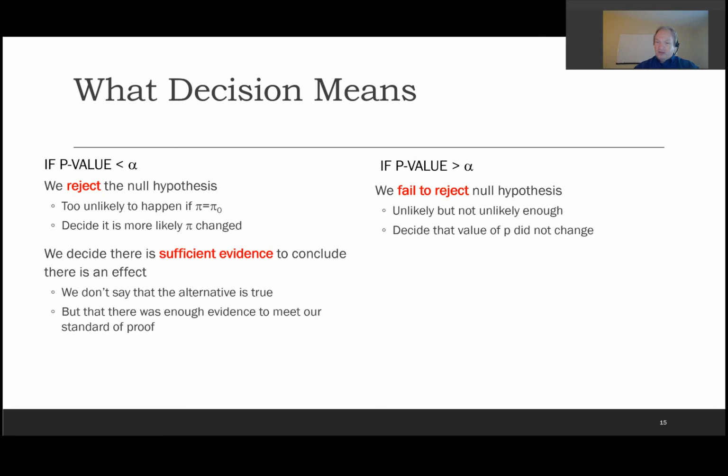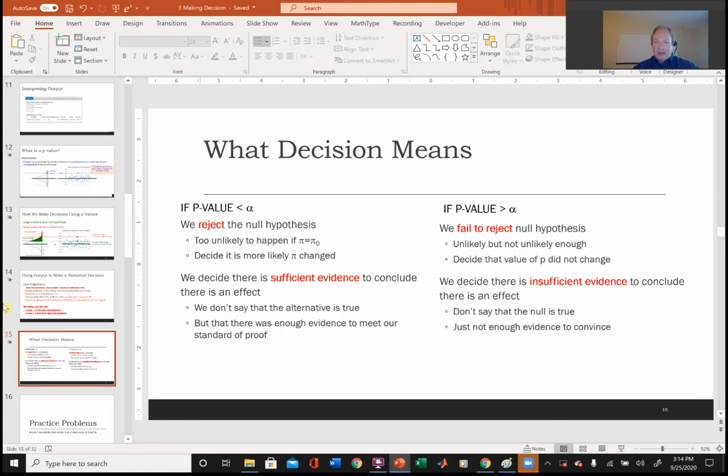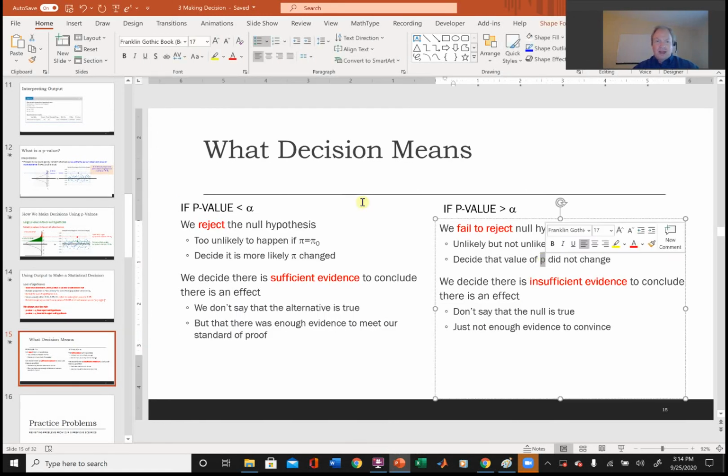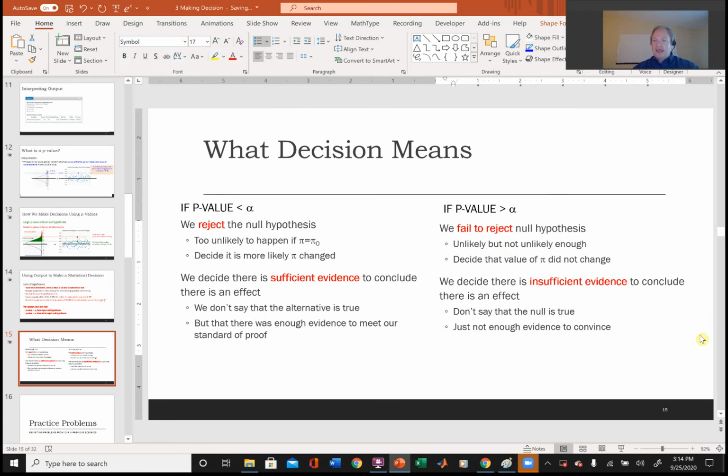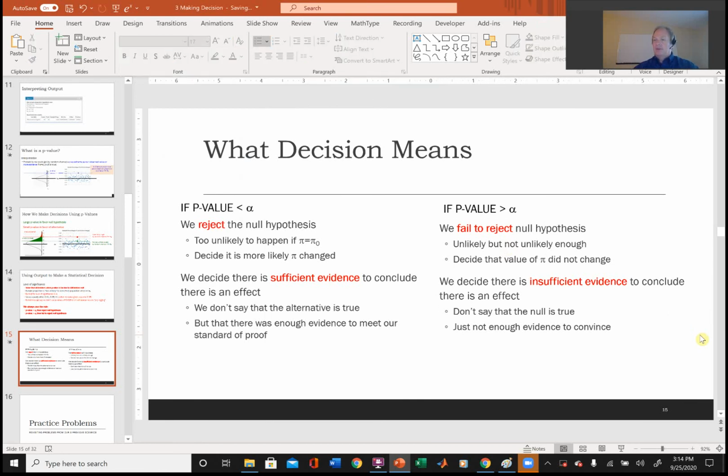So we're going to still hold on to our belief that the value of pi, by the way, did not change. The population percentage is still pi naught. So there's insufficient evidence. Again, we never say the null is true. All we say is we fail to reject, and there's just not enough evidence to actually convince us.